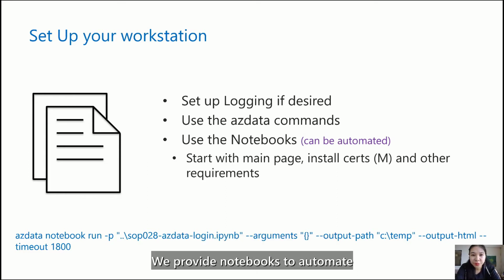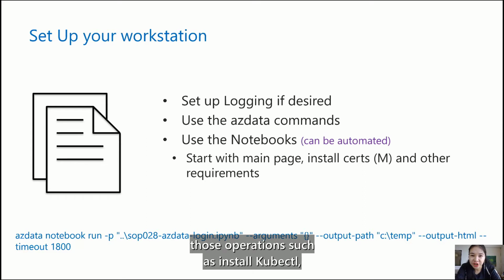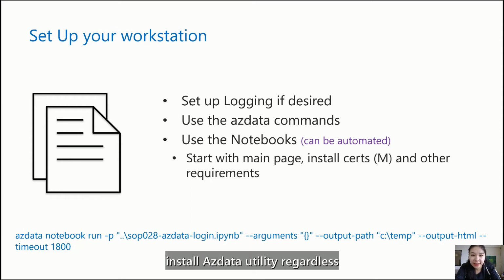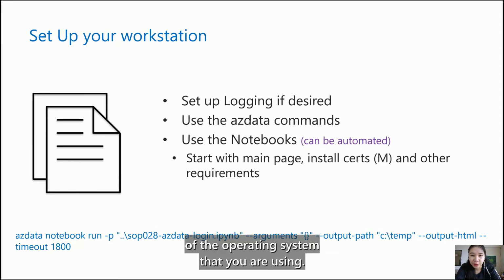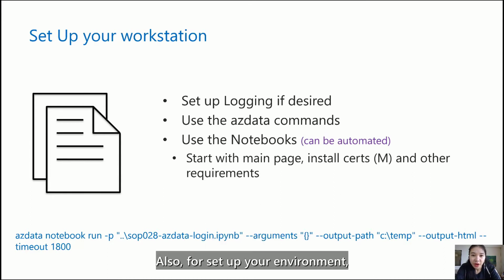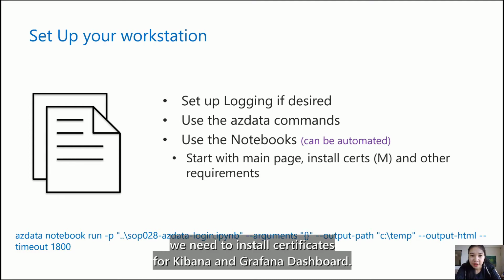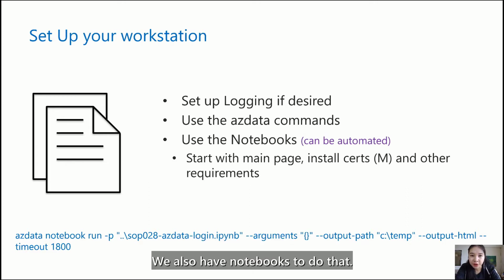We provide notebooks to automate those operations, such as installing kubectl and the az data utility, regardless of your operating system. And for setting up your environment, we need to install certificates for the Kibana and Grafana dashboards. We also have notebooks to do that. You'll get to that part in a minute.